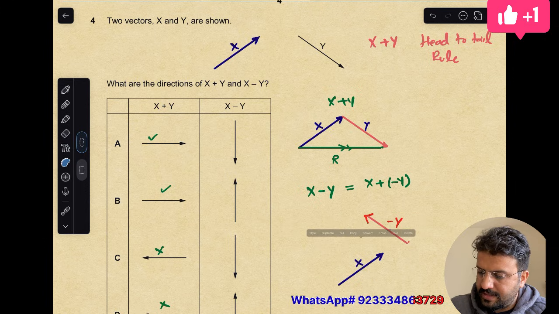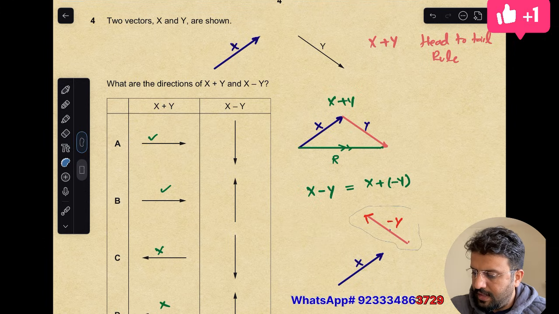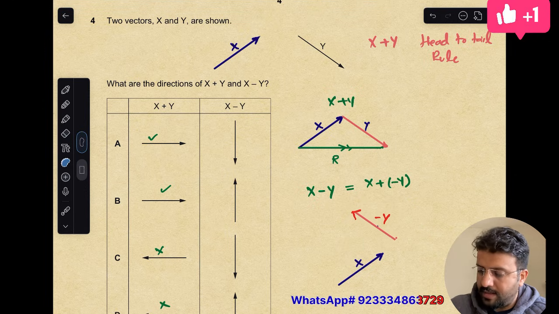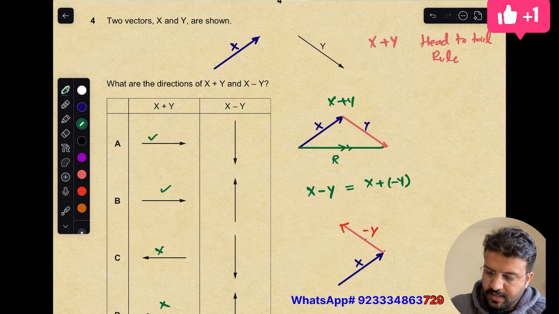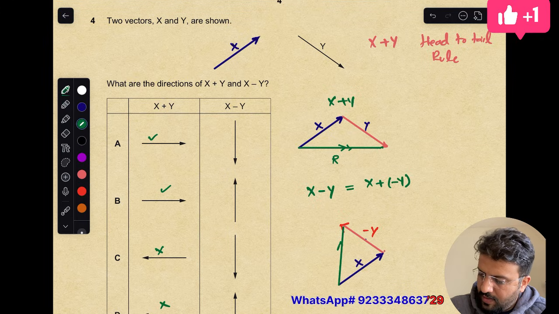I take x as the first vector and place minus y in such a way that the tail of minus y is on the head of x, like this. Now the resultant will be from the tail of x till the head of minus y. This is the resultant vector here.